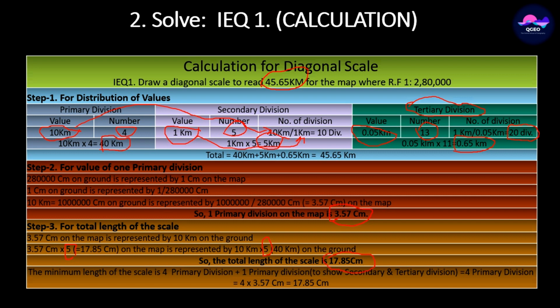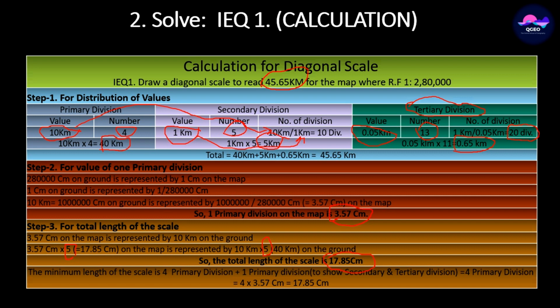For the convenience and better representation of our drawing, as the size of the paper, we should take the total length of the scale within 17 centimeter or 16 centimeter as our paper is.